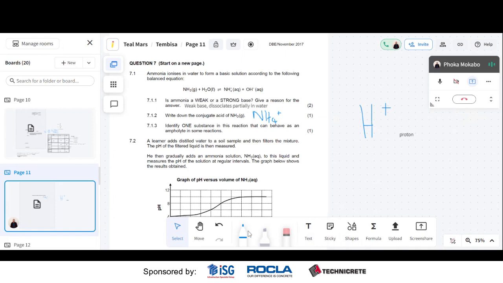So if you consider the atom itself, hydrogen in its nature, as you see it in the periodic table, looks something like this. We'll have H, 1, and its atomic mass would be 1 as well.